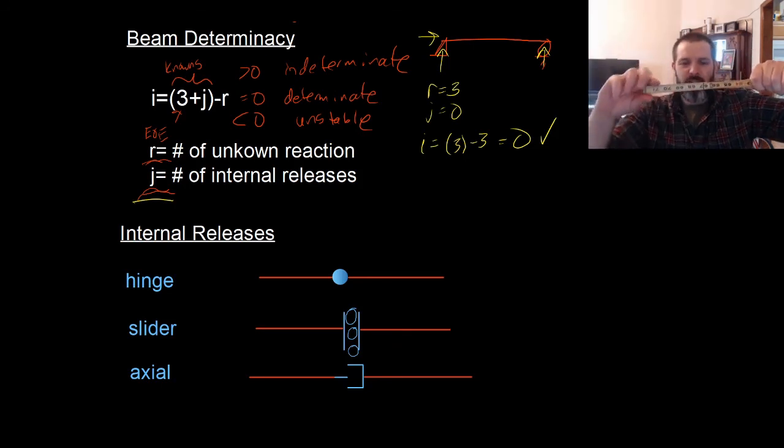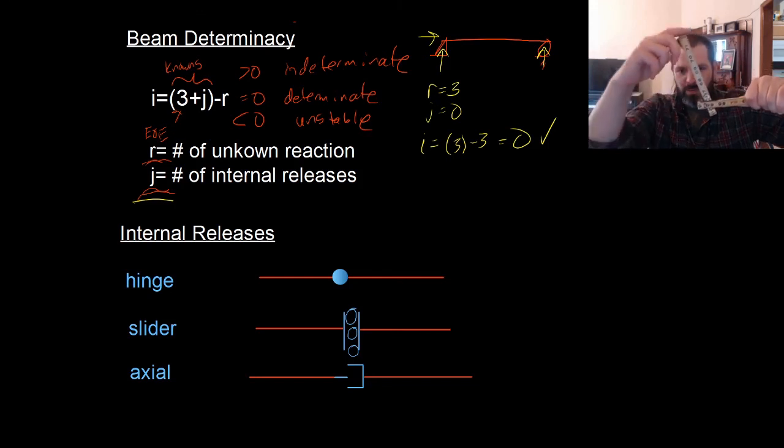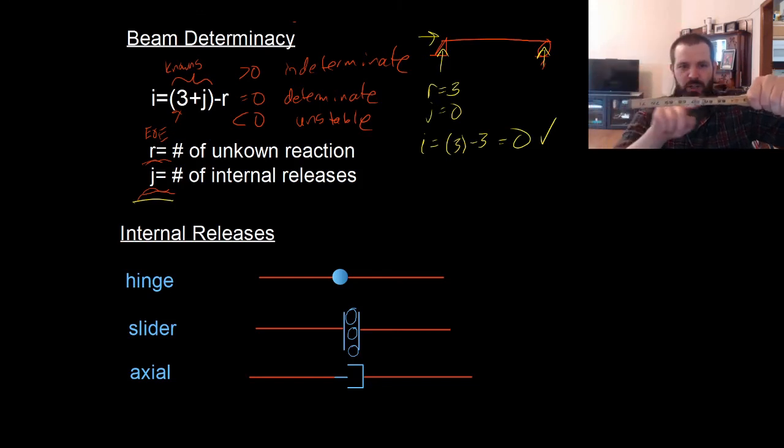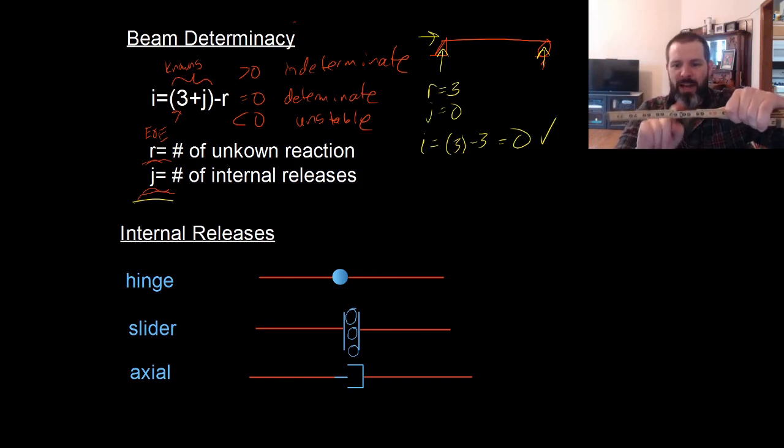So when I apply a force here, it can freely move around the hinge. What this hinge is doing is causing the beam's ability to resist moment to go away. So when I apply a force, it causes a rotation where the beam can't resist moment anymore. So if we do an analysis right at this hinge, if we did a section cut and broke it apart, we would find that at the hinge, the moment has to be 0.